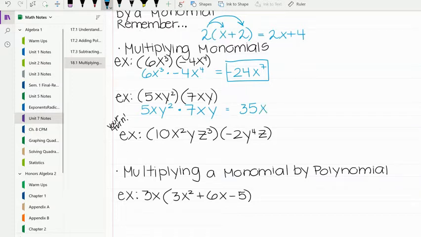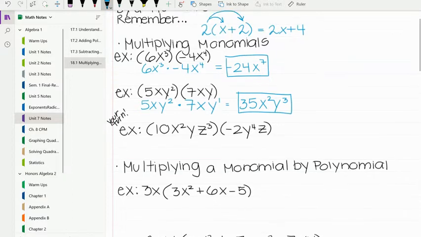So that would become x squared. We have y squared and technically y to the first, which would become y cubed. So our final answer would be 35x squared y cubed. All right, this next one will be done on your own, so you could take a look at the notes PDF to get the answer.